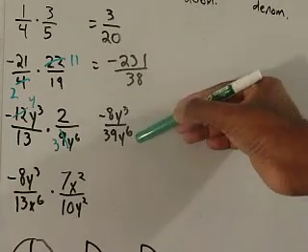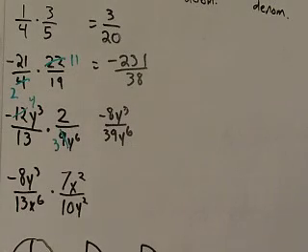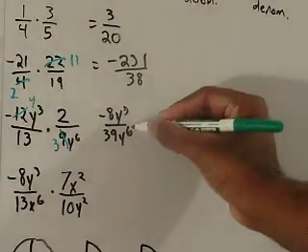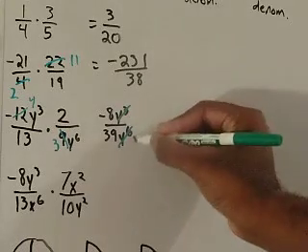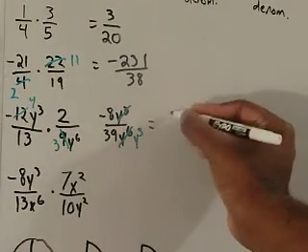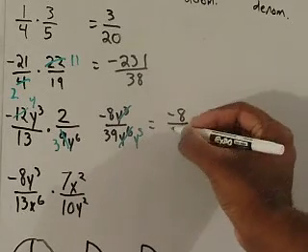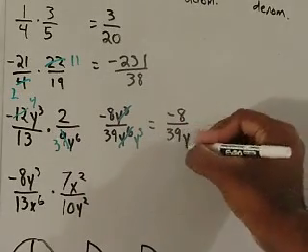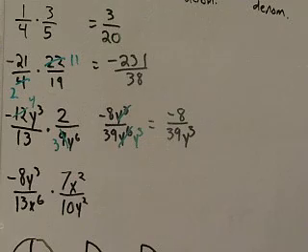Y to the 6 is larger than y cubed, so I subtract 6 minus 3, which is 3, and since the larger one was in the denominator, we're going to leave the answer in the denominator. Okay. So after reducing that, we come up with negative 8 over 39y cubed. Okay. How about the next one?